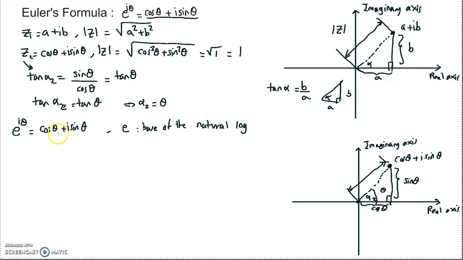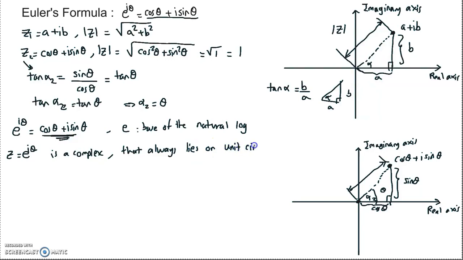So it's just a different way of representing this complex number. So z equals e to the i theta is a complex number that always lies on the unit circle.